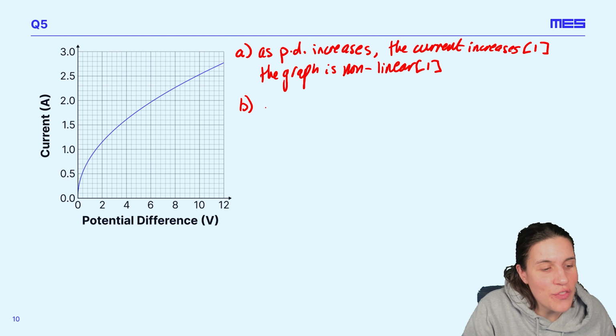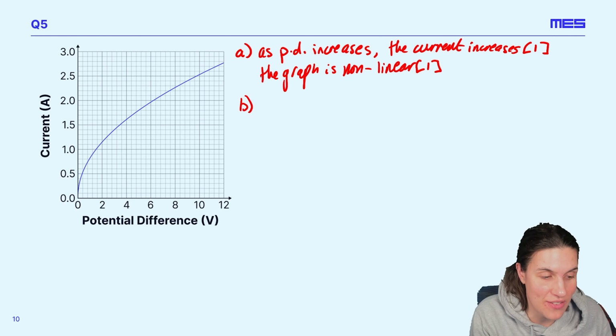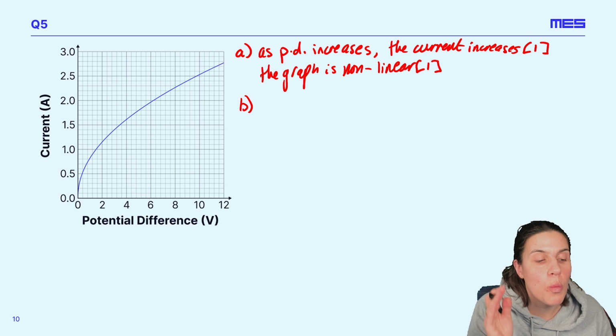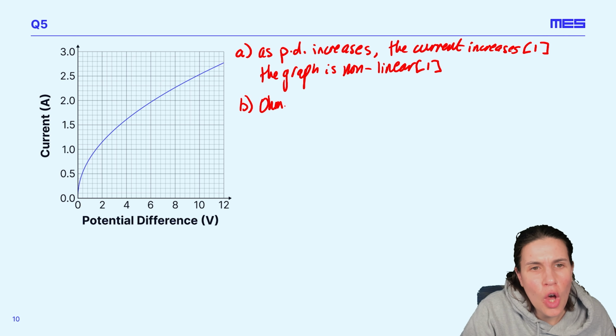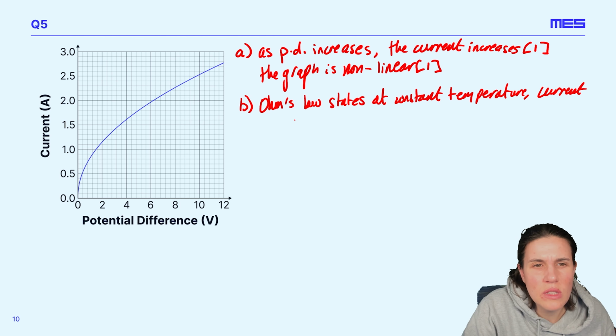So don't forget that an ohmic conductor means that current is directly proportional to the potential difference. If this was an ohmic conductor, so current was directly proportional to the potential difference, we would see a straight line going through the origin. So Ohm's law states at constant temperature, current is directly proportional to the potential difference.